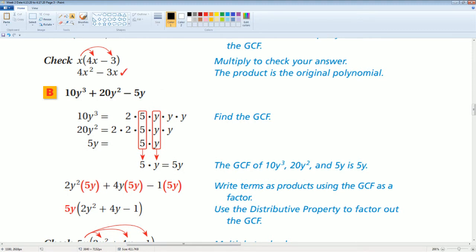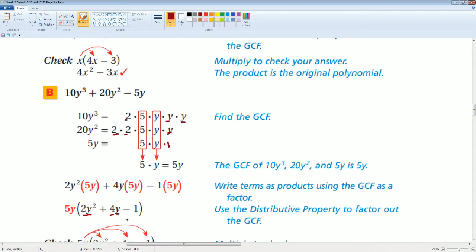What do they have left? 2y squared. Look at what they have left. They have a 2, y, and y. That's how they get 2y squared. The second one, 2 times 2 is 4. What do they have left here is a y. And lastly, what number do they have left here? In reality, you can multiply this by 1, right?